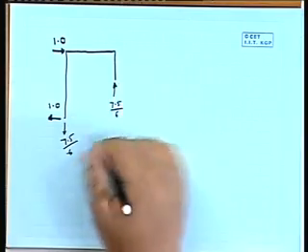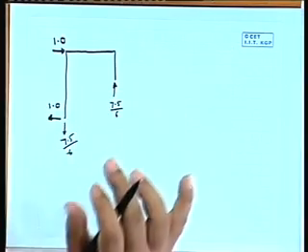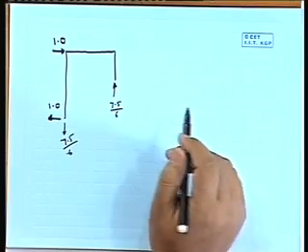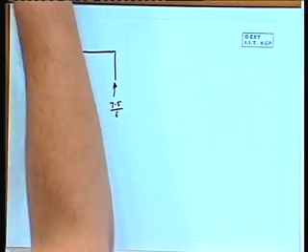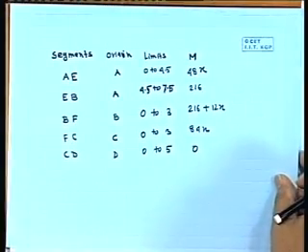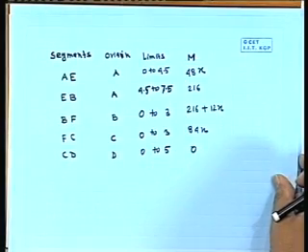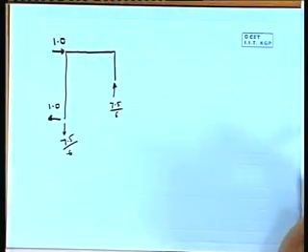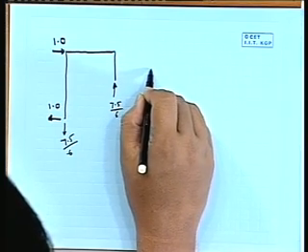Now, the reactions are obtained for 1 unit load applied at B. Now, we have to make a table for small m. One option is we can just prepare that table here, because the diagram is drawn on this page.